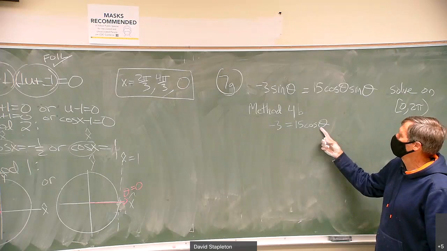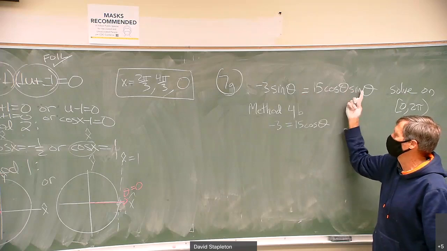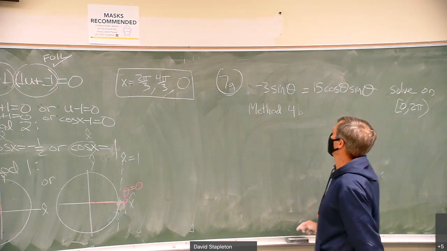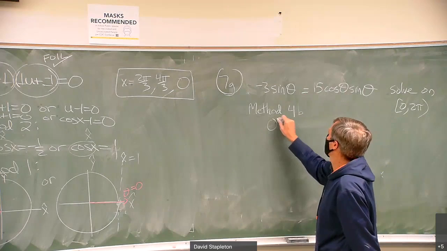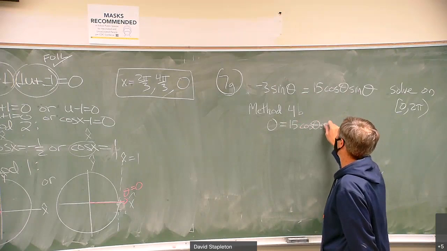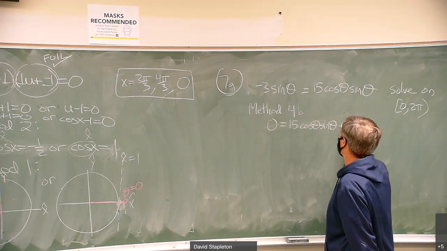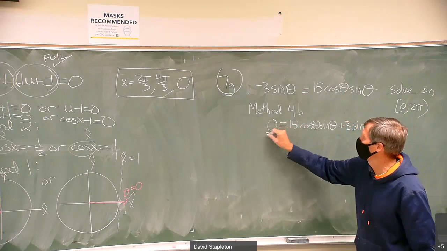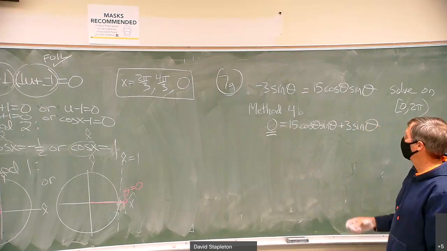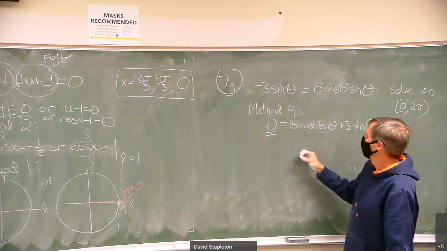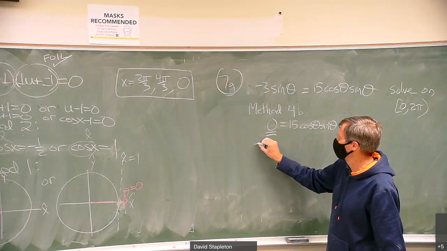So instead of writing this and losing some solutions, right, because sine theta equals 0 will give us solutions, instead, get 0 on one side and factor. Let's put 0 equals 15 cosine theta sine theta plus 3 sine theta. All right? So I'll put 0 on one side. And I'm going to factor, but easier, if these both have a common factor of 3, I can divide through by 3. 3 is a non-zero number.